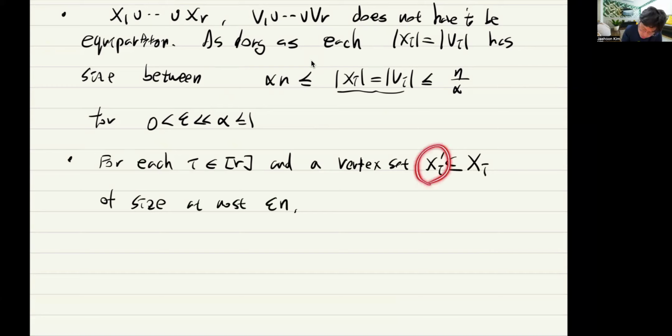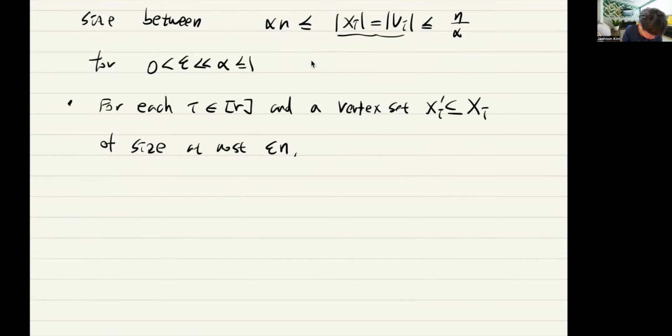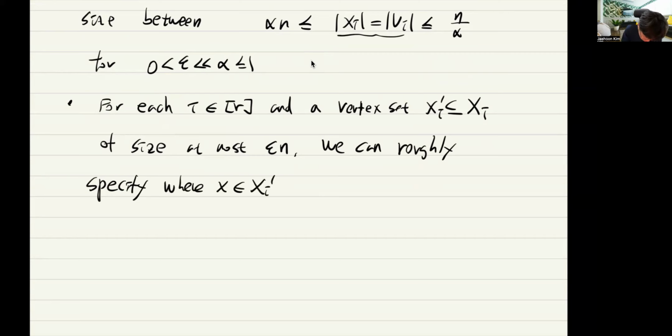So let's say you have a small subset. What we can do is we can roughly specify where the vertices in those sets should be embedded.